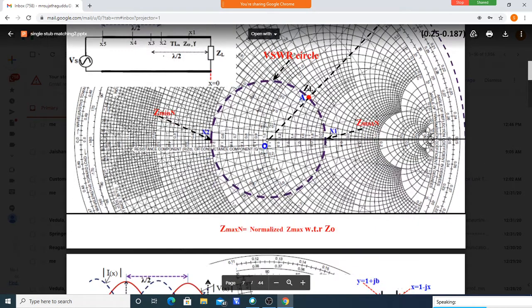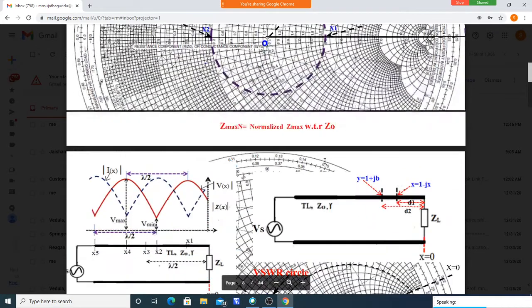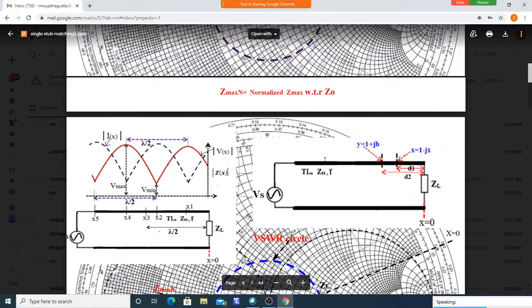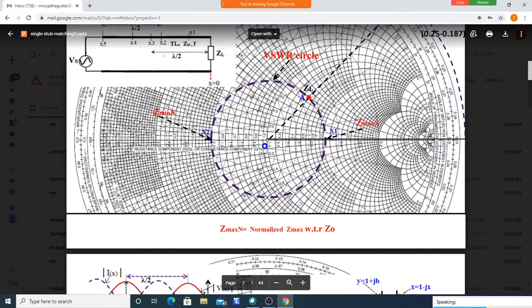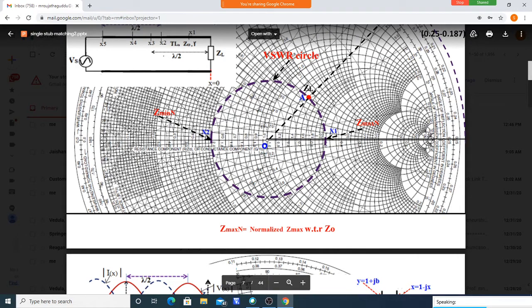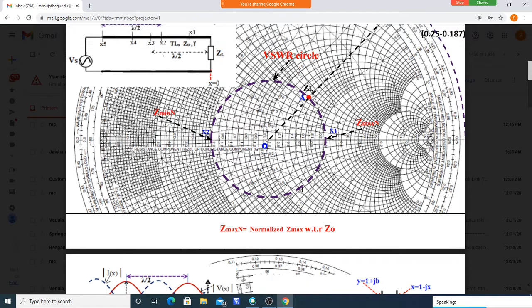On the Smith chart, always wherever the VSWR circle cuts the right side, we will get a maxima. But if you move further like this, the impedance varies and changes. It is always lesser than the value here.